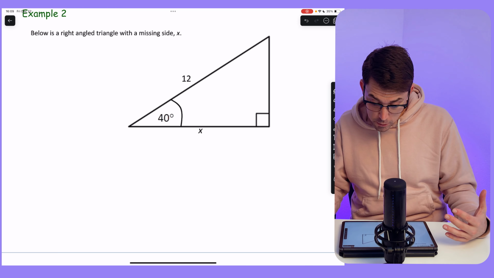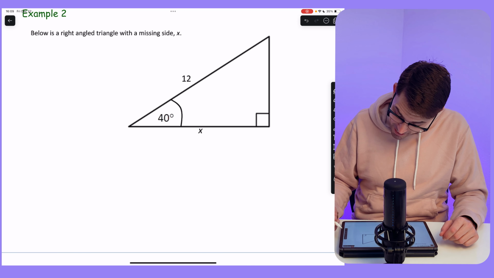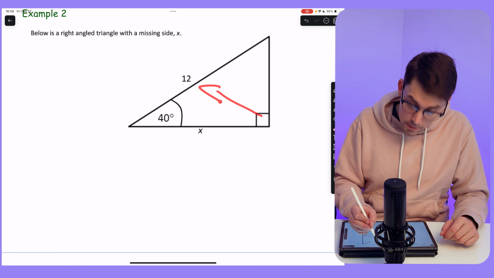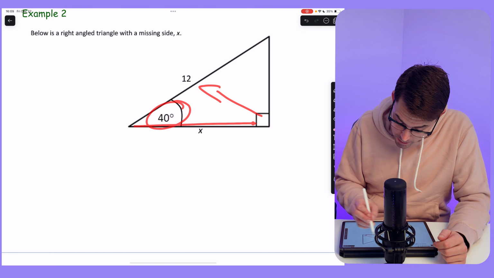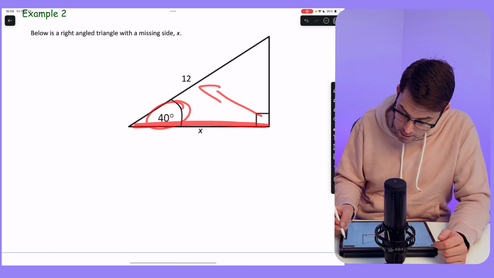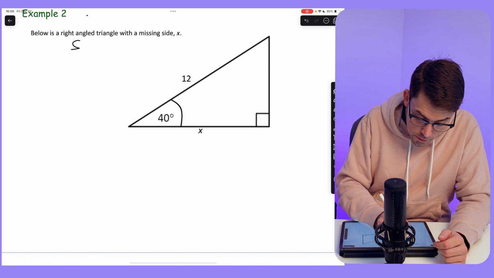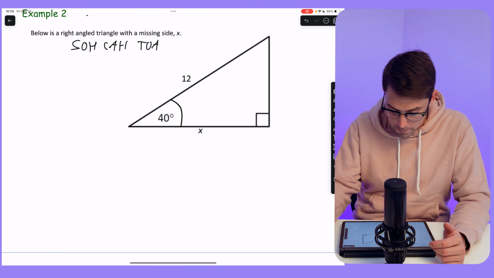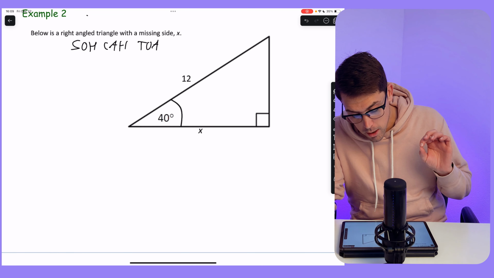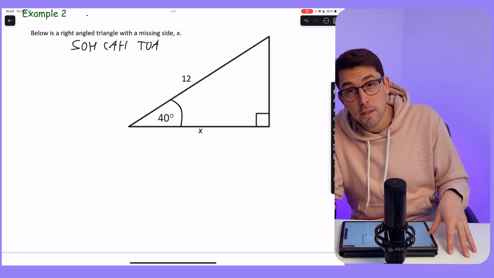So I have another triangle down here where, once again, I have the hypotenuse. The opposite of 90 is 12. That's my hypotenuse. And now in terms of my angle relation, this is going to be adjacent. So when I think of SOH CAH TOA, which trigonometric ratio includes the adjacent and the hypotenuse?